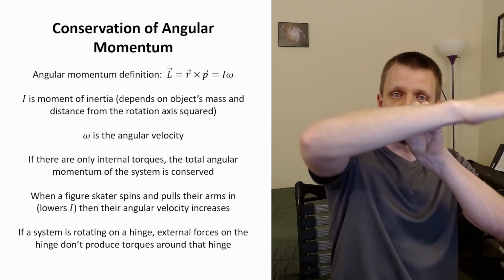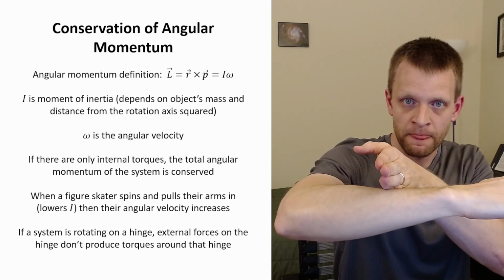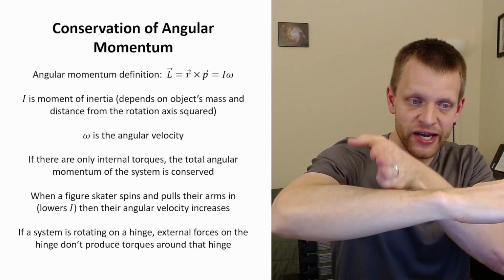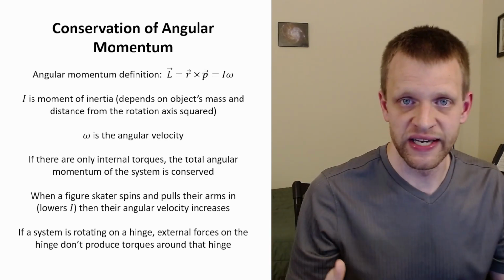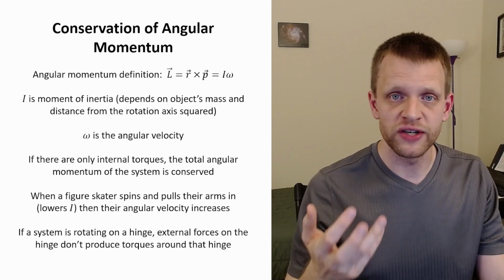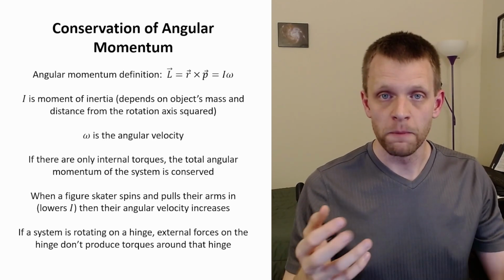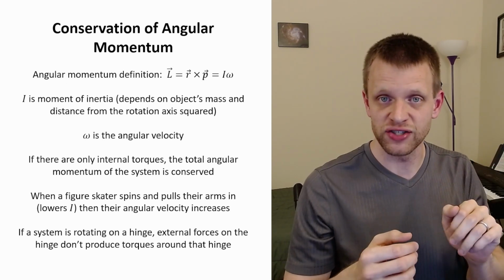And for the case of a lever, let's say there are some forces acting right on the hinge. Well, if I measure my angular momentum around that hinge, any forces that act on the hinge aren't actually going to produce any torques. Think of trying to open a door by pushing right on the hinge of the door, right on the rotation axis of the door.